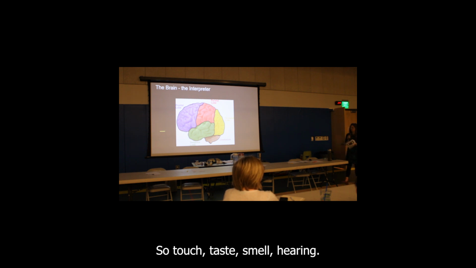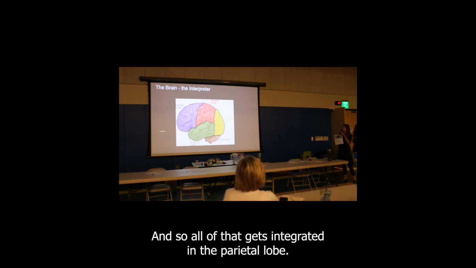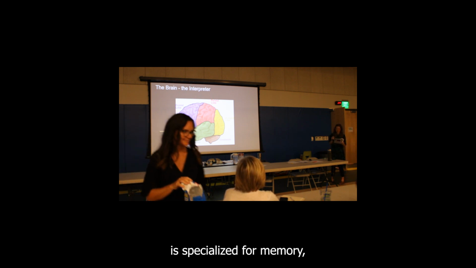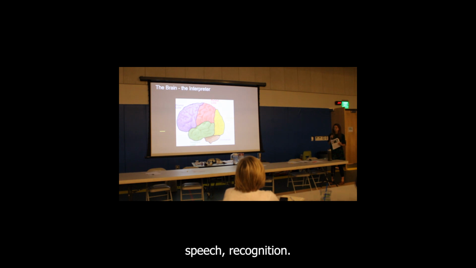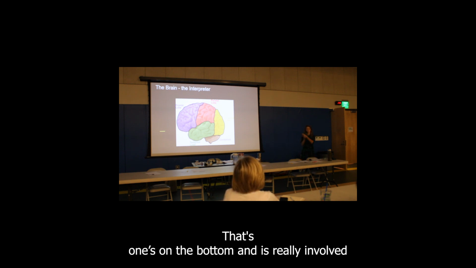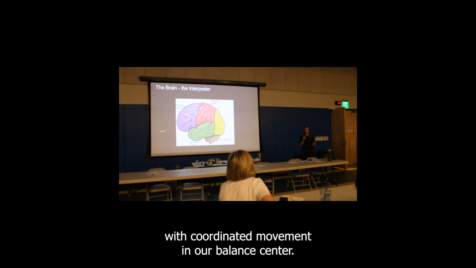So touch, taste, smell, hearing, all of that gets integrated in the parietal lobe. And then the temporal lobe is specialized for memory, speech, recognition. So all of these centers, and then the cerebellum, I didn't mention that one, that one's on the bottom, is really involved with coordinated movement and our balance center.